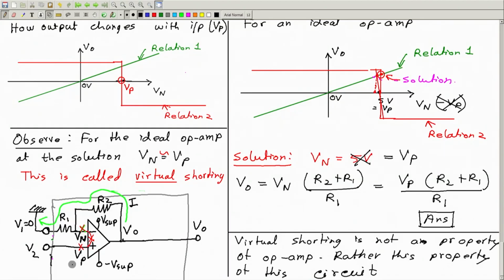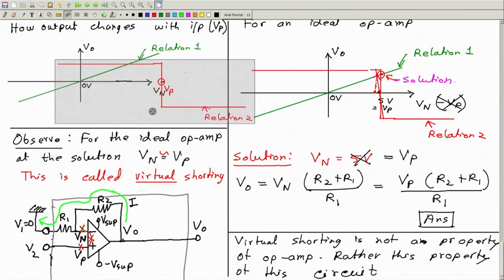No. And also this is true only when Vp is within the limit of the saturation. As we have seen, if I increase Vp like this, so now Vp is here, now the solution will be here.